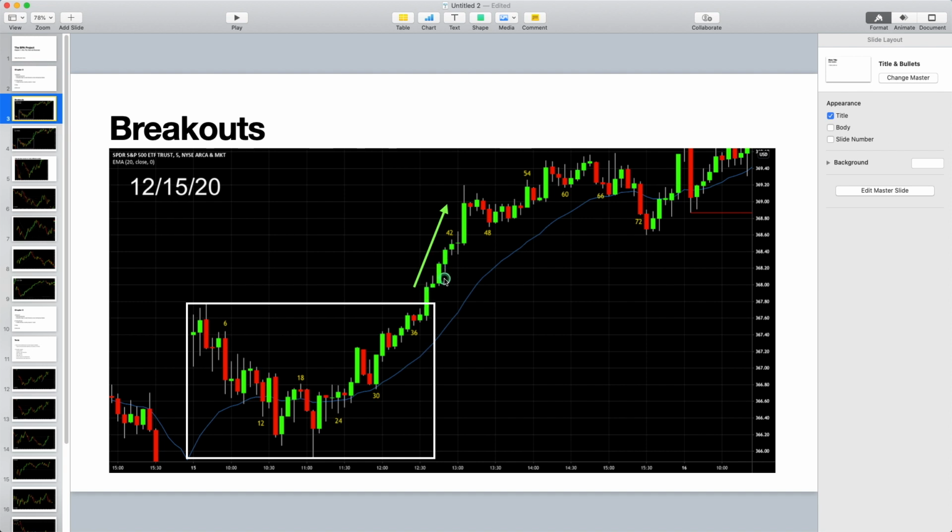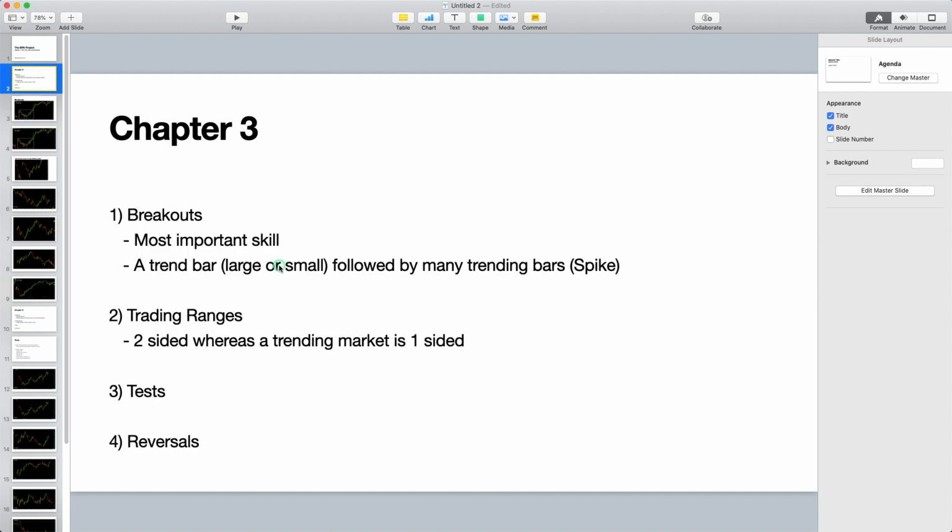After that, we get multiple trend bars closing near their highs. So that's a breakout out of this initial opening range. It's a large opening range, but it's a clear breakout and follow-through outside of that range, with multiple trend bars forming a spike.